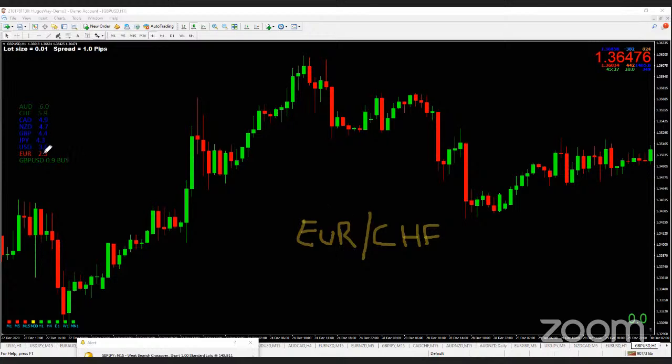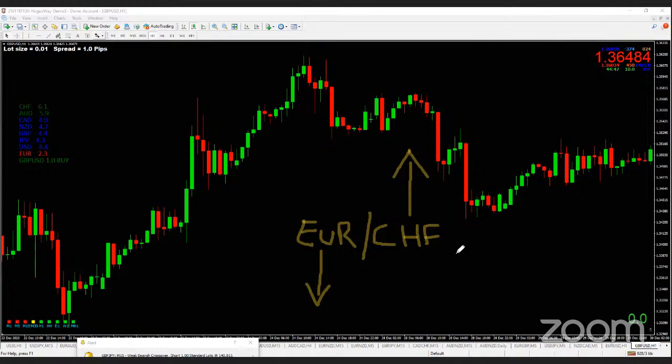We have not even gone to that chart yet. I'm going to be switching over to that chart soon. But currently, by looking at this currency strength meter, we can tell that it says the euro is weak and the CHF is strong. So if it says the euro is weak, we would expect the euro to be going down and the CHF to be going up.